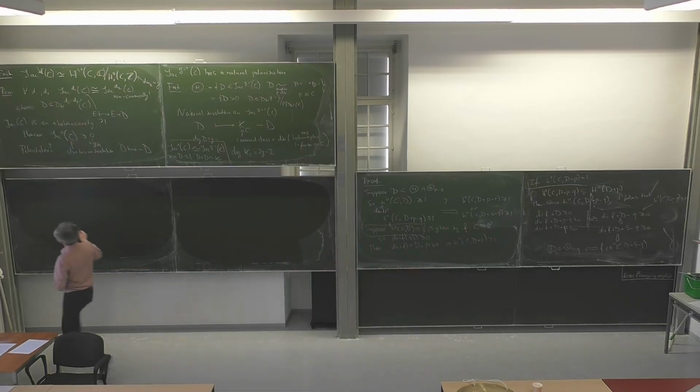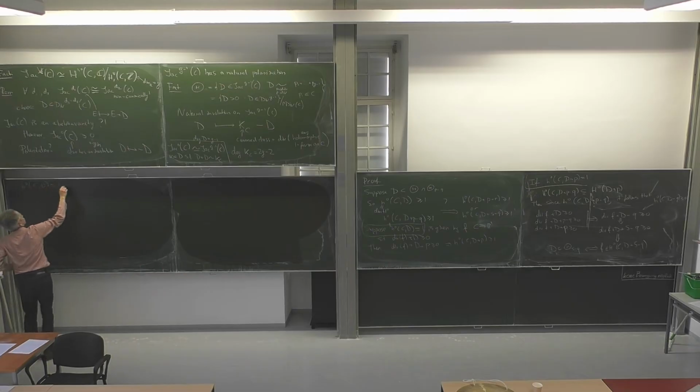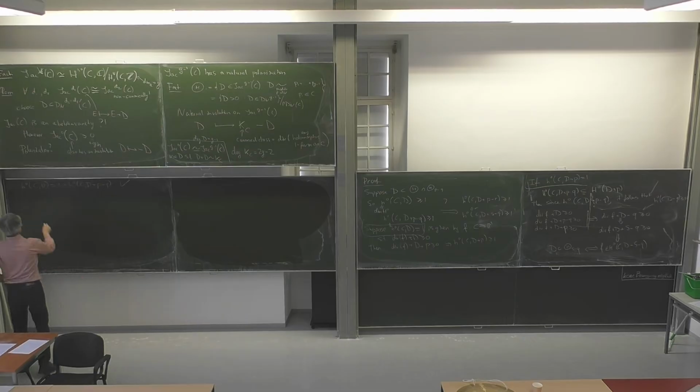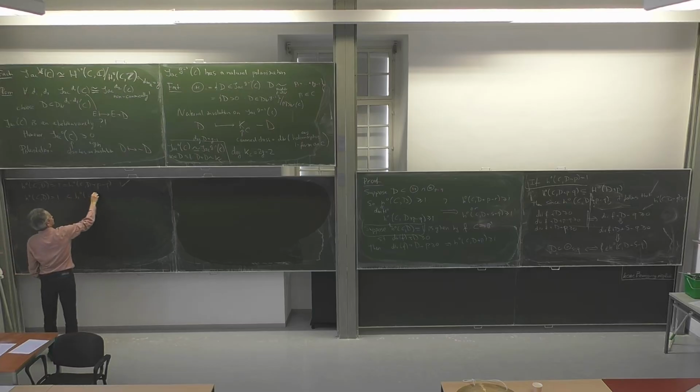So what we did before was h naught of d was equal to 1, equal to h naught of d plus p minus q. And this we handled, right? Okay, now let me do h naught of d still equal to 1, but strictly less than this.